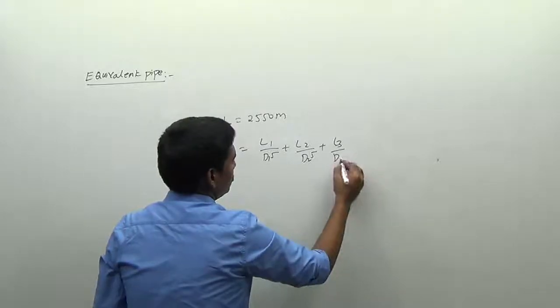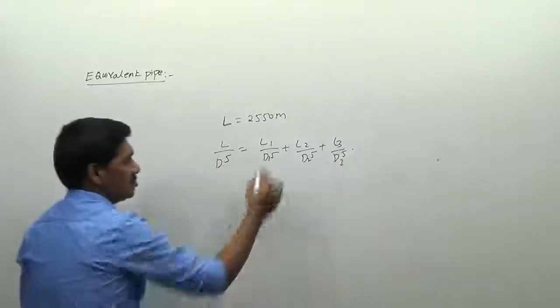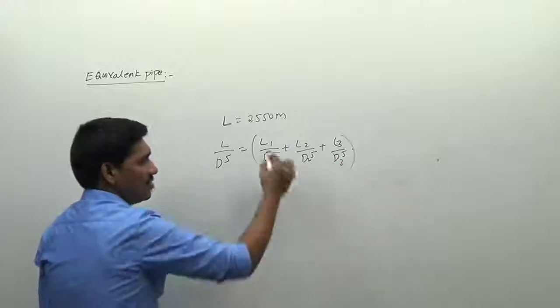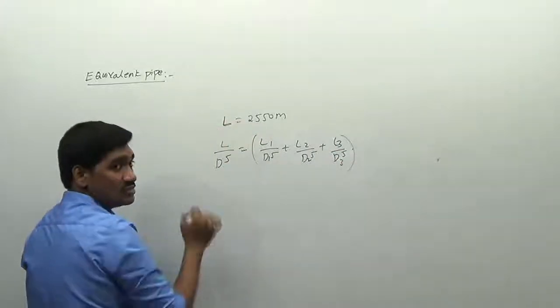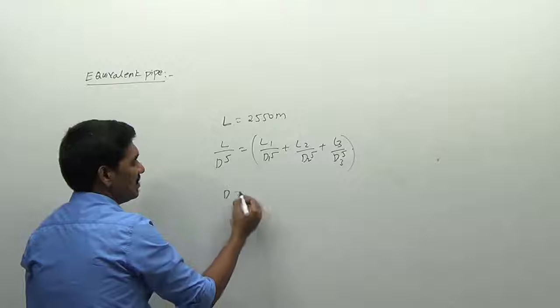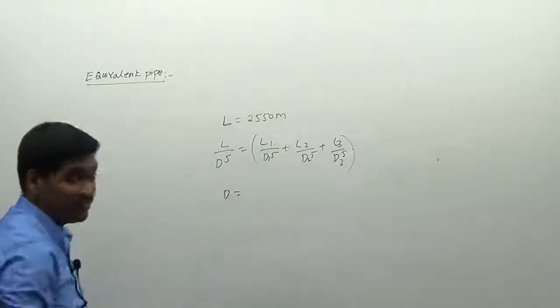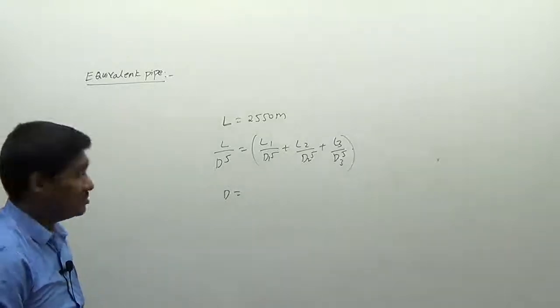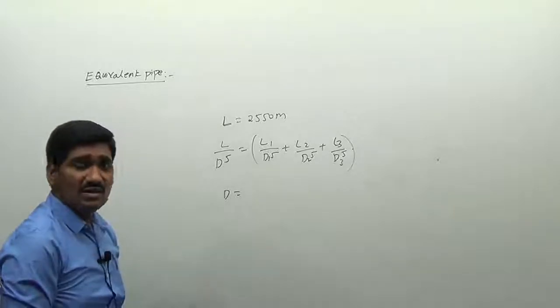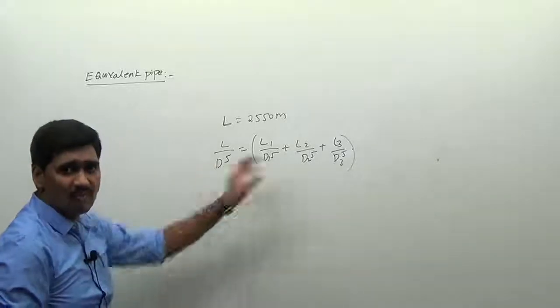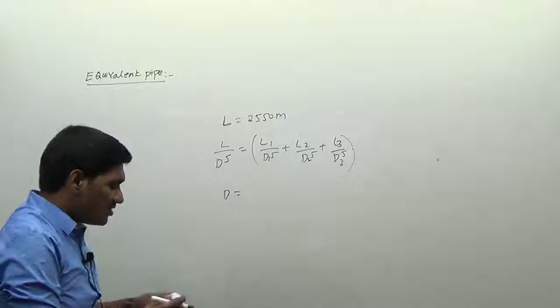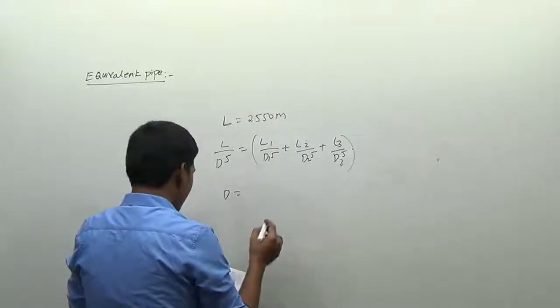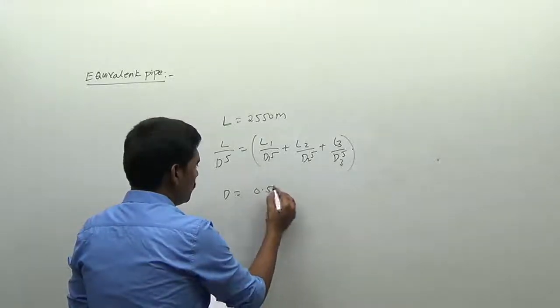All these values are known to us. Now L is known, therefore determine the value of D. We have to go for the fifth root, so be careful with your calculators. You have to go for the power of 1 by 5.